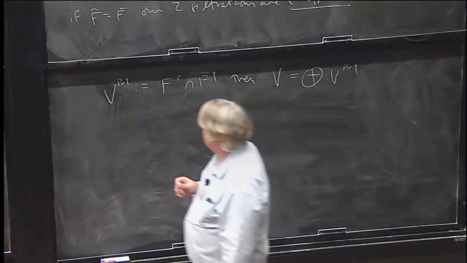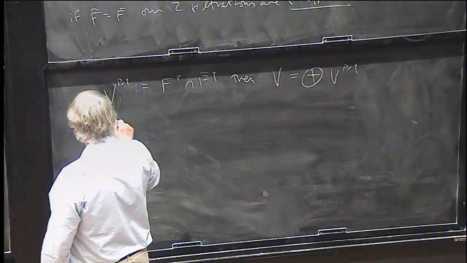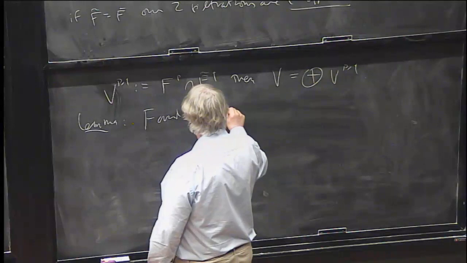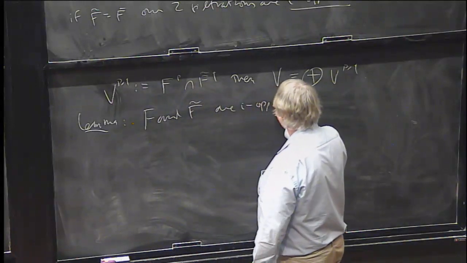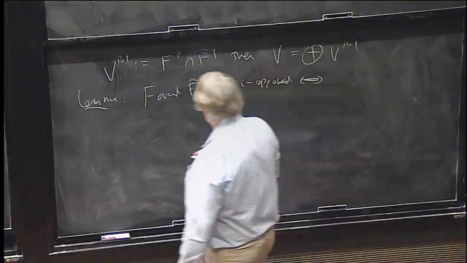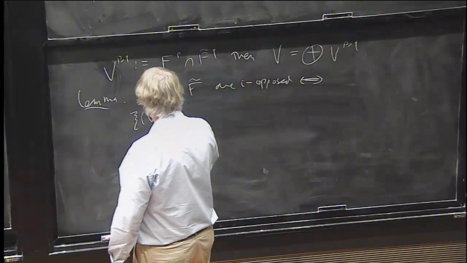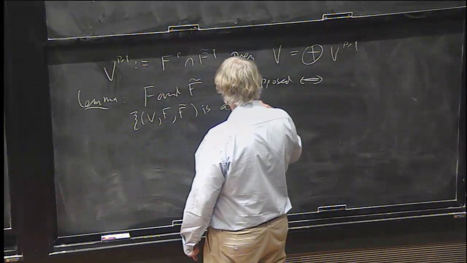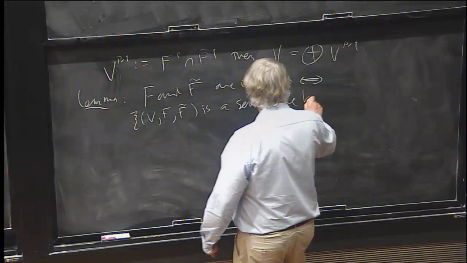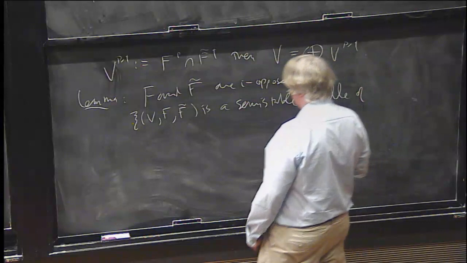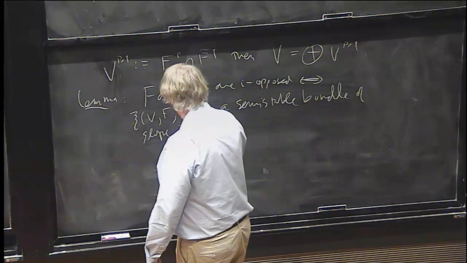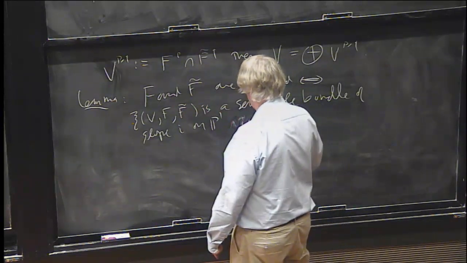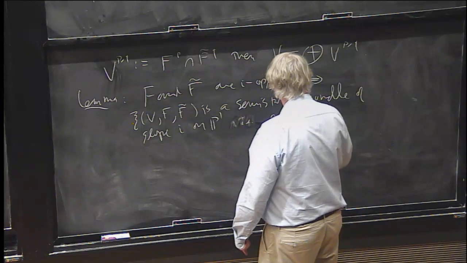Okay. And the lemma is that F and F tilde are I-opposed if and only if this bundle, the Rees construction of V, F, F tilde, is a semi-stable bundle of slope I on P1, which is to say it's isomorphic to a direct sum of copies of O_{P1}(I).